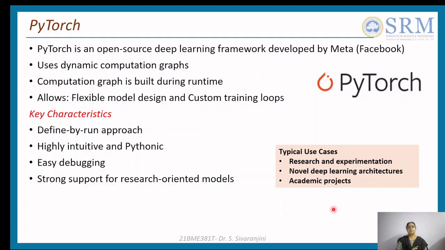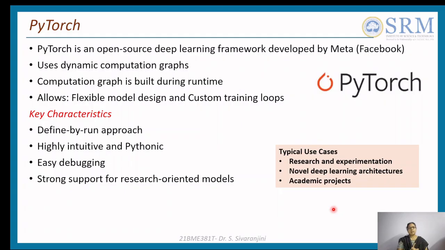But in TensorFlow, the compilation should be done and then the execution should be done. The entire thing should be done, and only then will you be able to understand or debug the system if any errors come. Here, while writing the code itself, you can test it at each and every stage, so that you can debug and see, okay, this is where my error comes out, this is where my model is getting stuck.